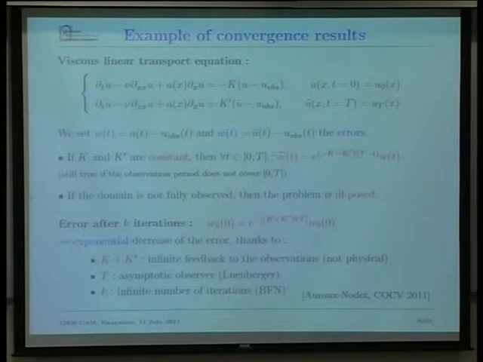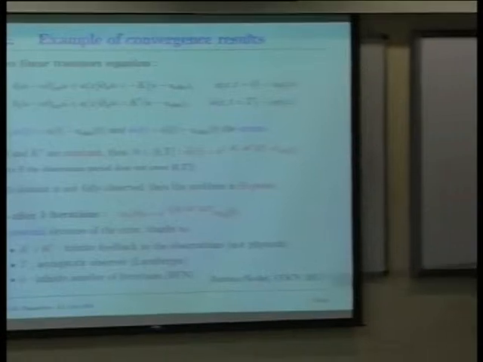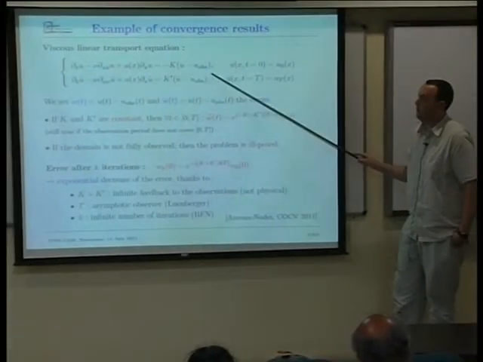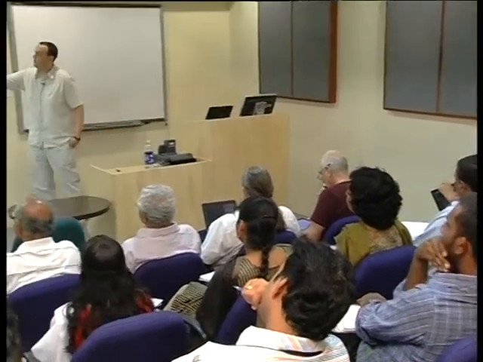The forward has no problem, because this one is well posed and you add something which is stable. But the backward is ill-posed because of the negative diffusion. You cannot stabilize the negative diffusion with this.